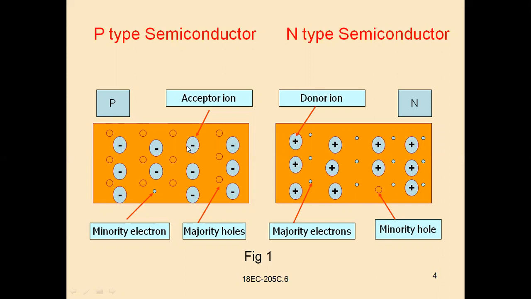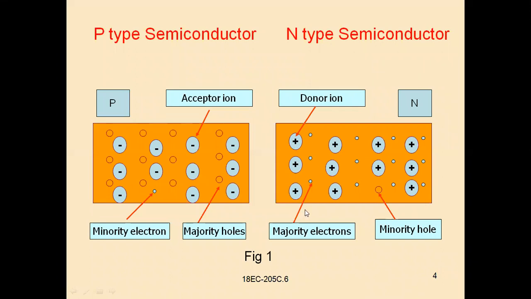And meanwhile, you are going to observe this negative ion because these are going to accept the electron to form the covalent bond. So that's why we can also name this p-type semiconductor impurity as acceptors. And see here, it is a donor ion. We are going to observe the donor ions in this n-type because in the outermost orbital of this semiconductor, they have 5 electrons, which is ready to donate one electron. That's why it is going to create a positive ion.